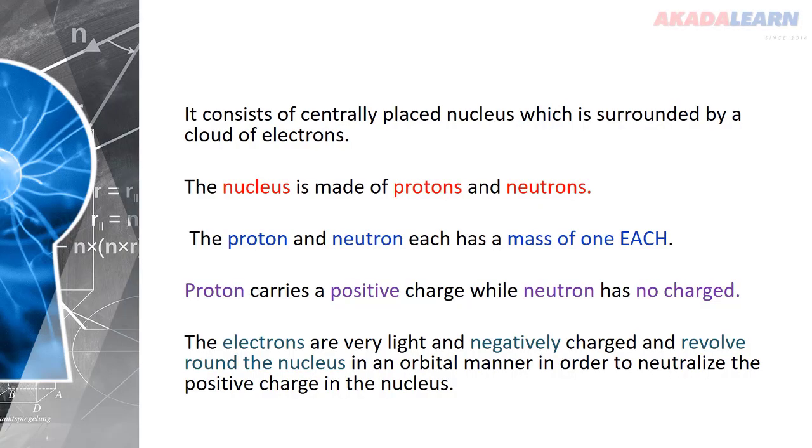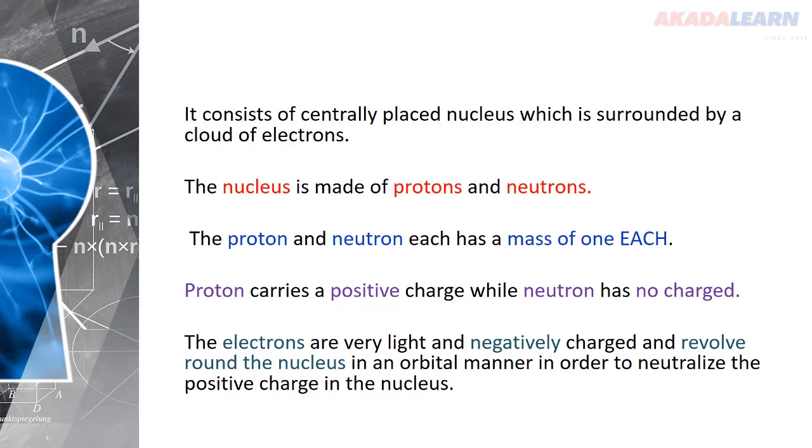So, let's try and describe the atom. It consists of a centrally placed nucleus, which is surrounded by a cloud of electrons. The nucleus is made of protons and neutrons. The proton and neutron each have a mass of 1. The proton carries a positive charge, while the neutron has no charge.